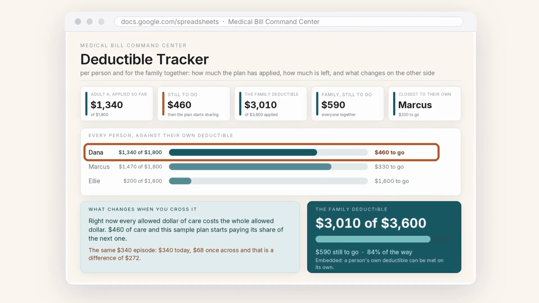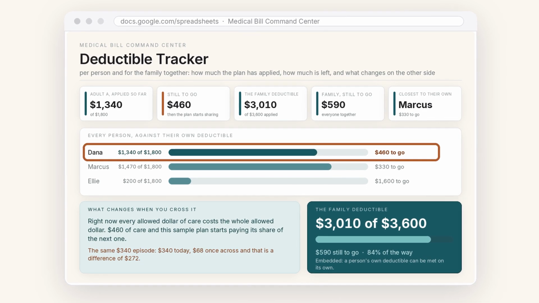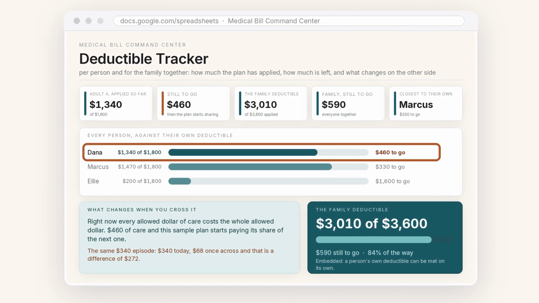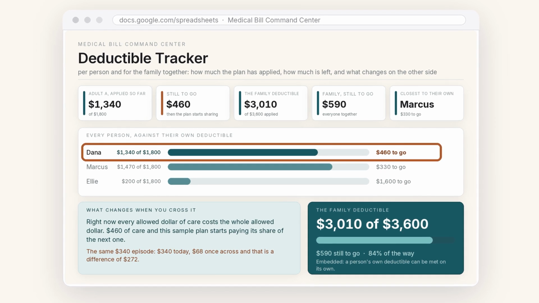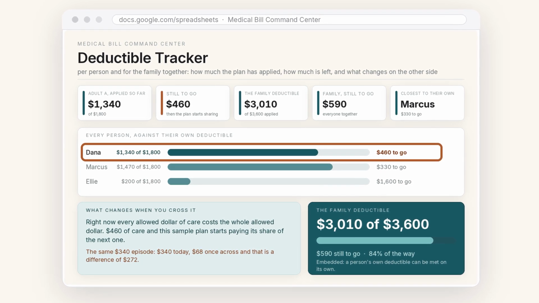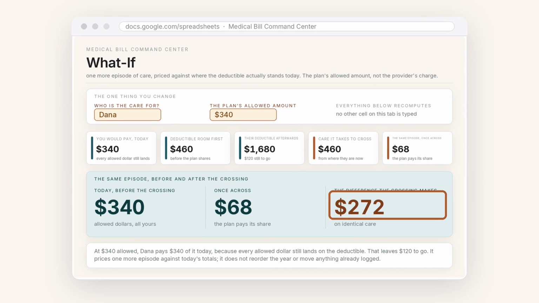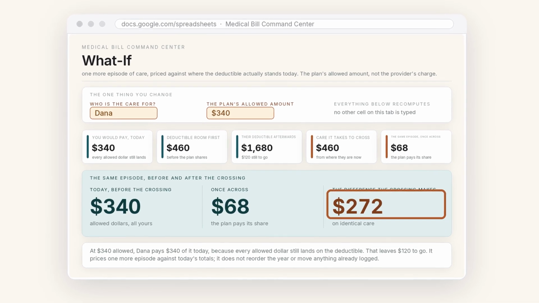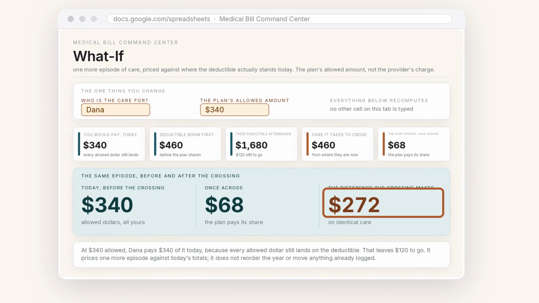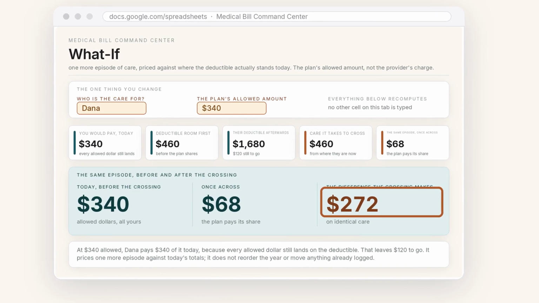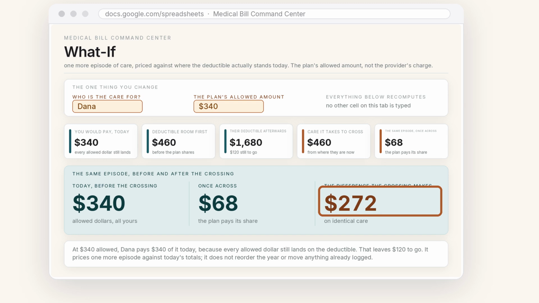That $460 is the number that matters. Today, every allowed dollar of care costs the whole allowed dollar. After $460 more, this sample plan starts paying its share, and the same $340 episode would cost $68 instead of $340. A difference of $272 on identical care.